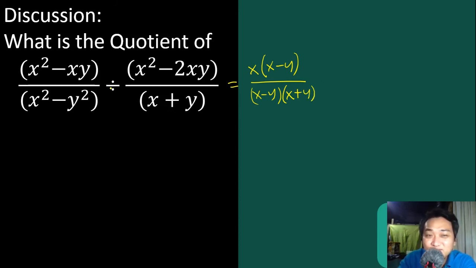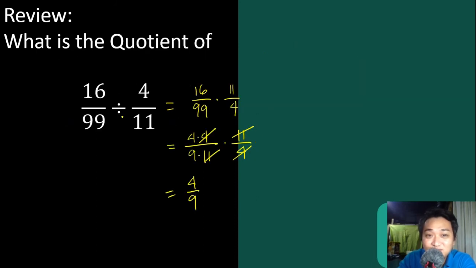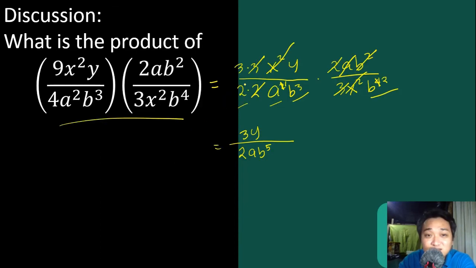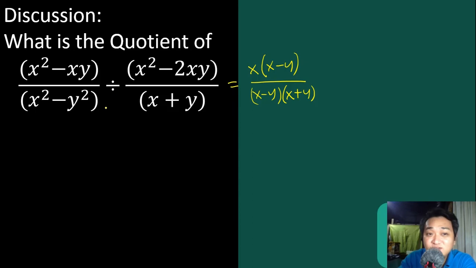Now, yung naging paalala ko sa inyo in dividing, di ba? Whenever you are dividing, you proceed to multiplication and get the reciprocal of the divisor. So, in the same manner, if you're dividing here, we will proceed to multiplication, but we'll be getting the reciprocal of the divisor.